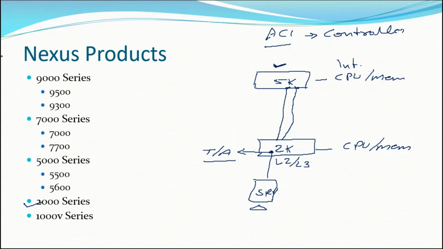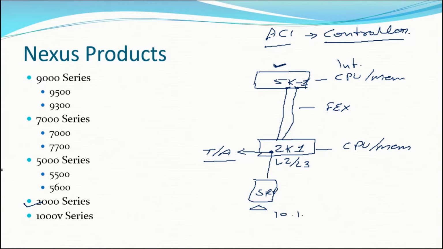Then we log into the controller and give the instruction that one of the upstream devices, named 5K1, has a downstream device named 2K1 via a technology called FEX. Make the interface a trunk for this particular interface so that the server can get gateway connectivity.